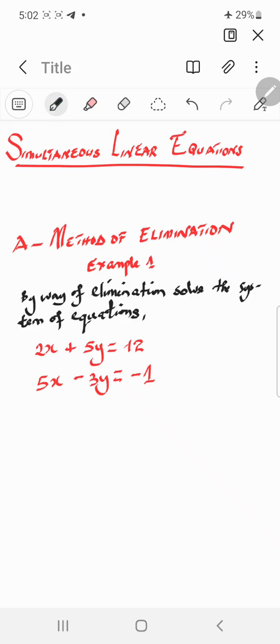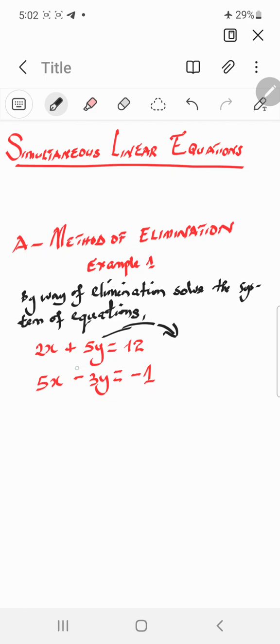So what does it mean to eliminate? Since we cannot solve any of these equations alone without using the other, there is no way that you can start by solving maybe for x in one of the equations by doing subject of a formula. It's not possible. Because if you take this one this way, for example, you have y here, x will be begging for an answer, y will also be begging for an answer.